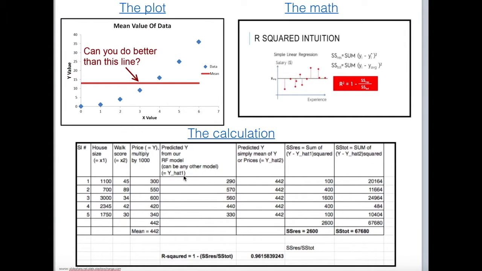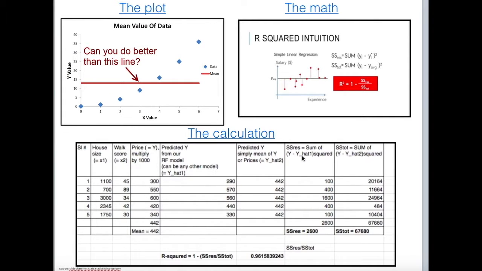This is what we are going to call y hat 1. Let's assume that this price of the house comes from a random forest regression model. And this is the predicted value of y, called y hat 2, and we are simply copy pasting the mean value of y from the training data here. So everything is 442.